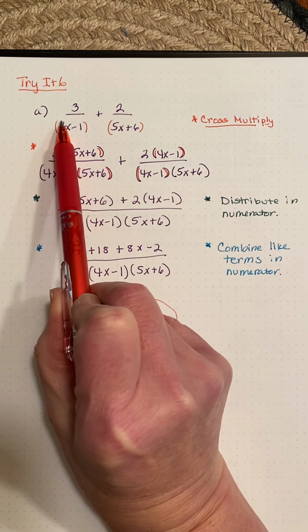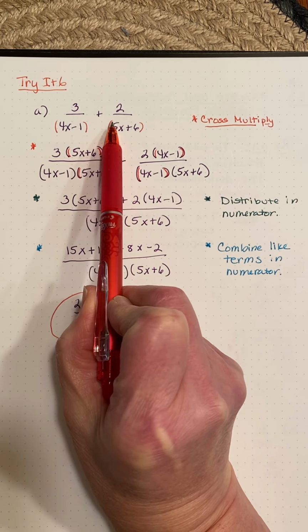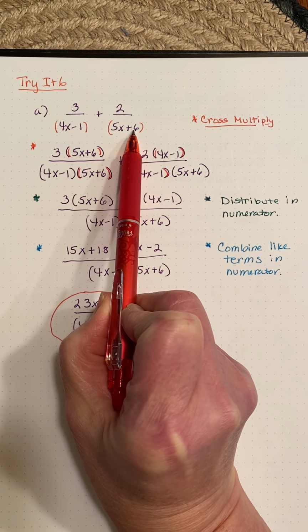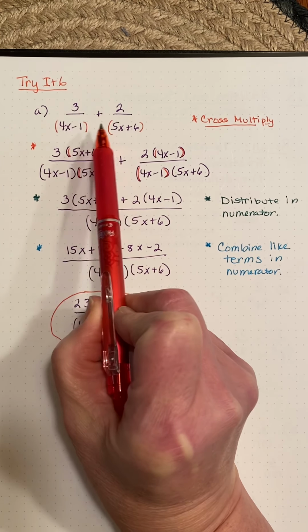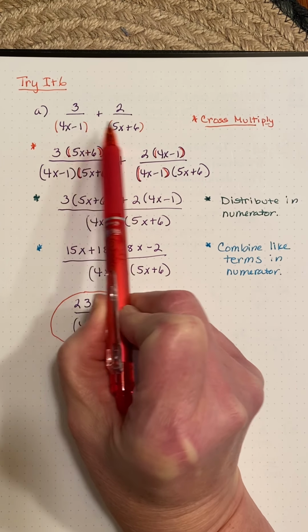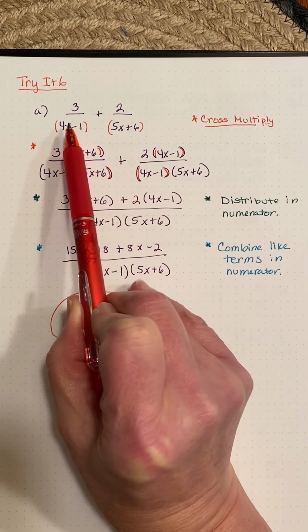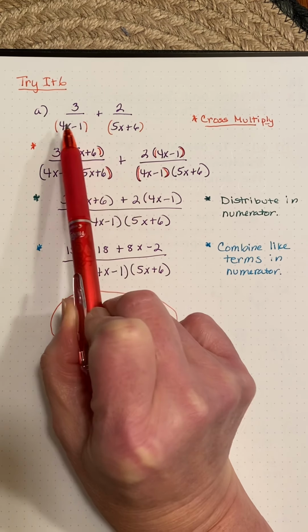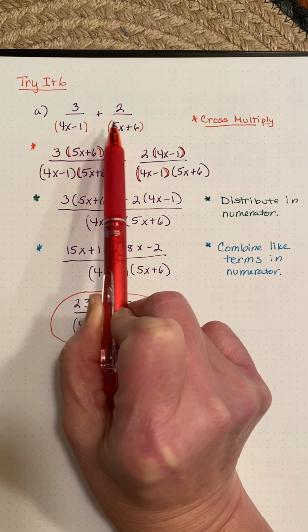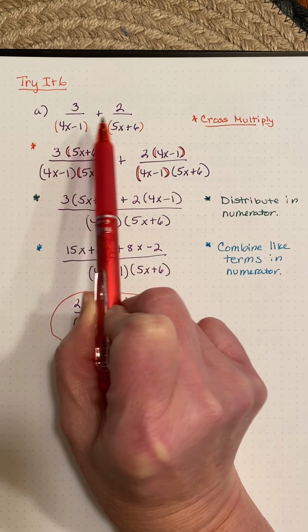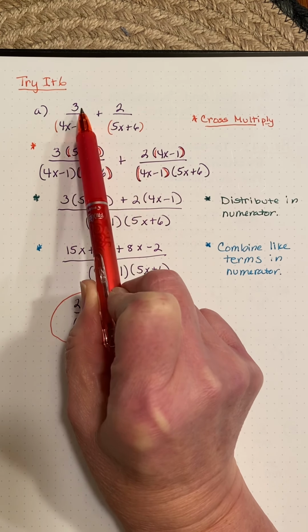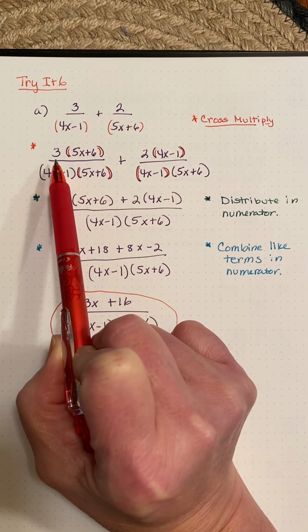Now, for denominators, I need to treat each as a unit. So I simply am going to do the cross multiplying to get common denominators, because it's going to be this times this. I'm not going to do any combining. I'm just going to take this product times this product and then do the crosses at the top.